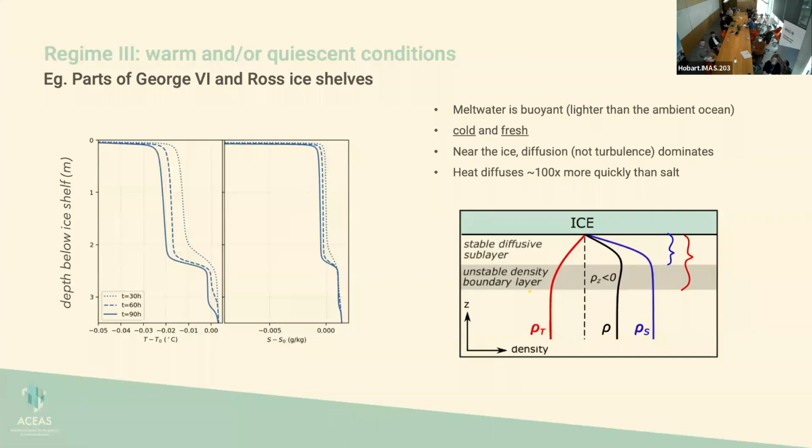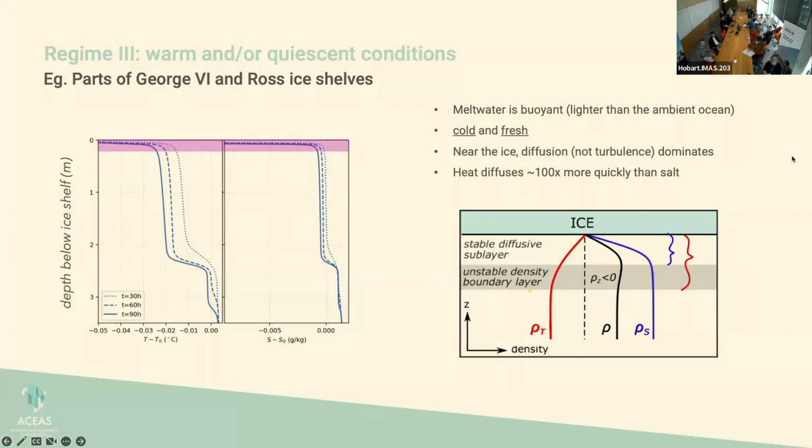So this region in between these two boundary layers is somewhere where the water is being cooled, but hasn't yet been freshened. So this region up here is really strongly stratified, but this region here can actually become unstable in terms of the density gradient, and then we start to get convection. So that's the mechanism behind this diffusive convective process.